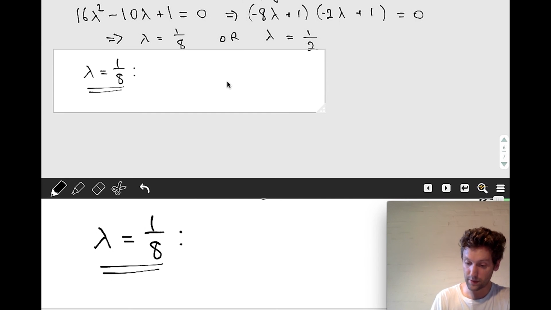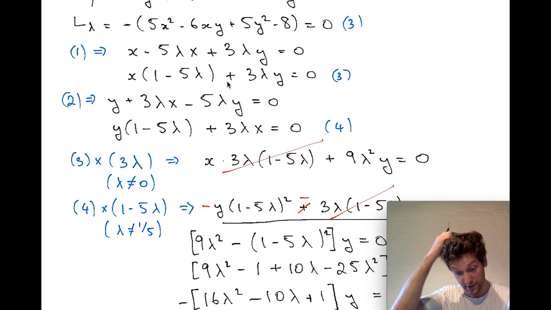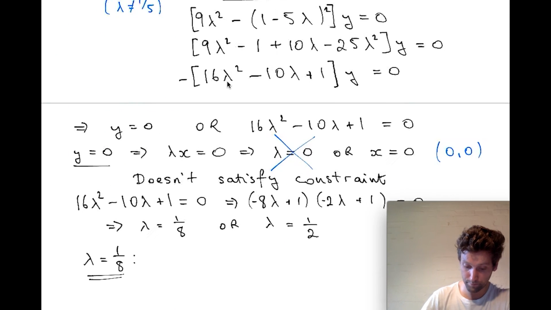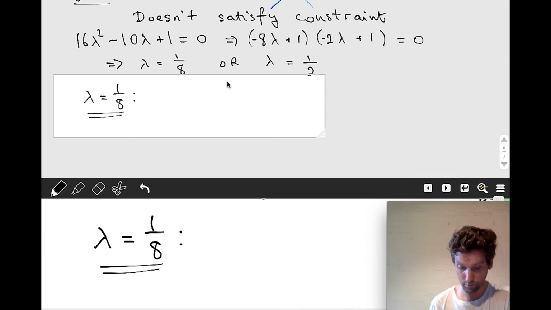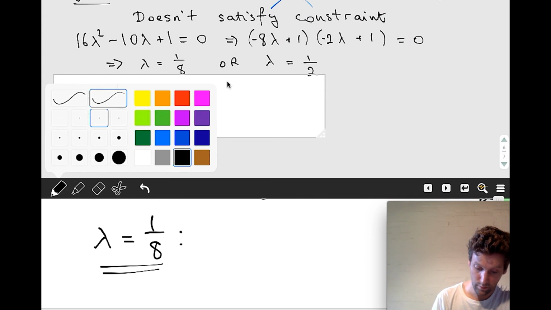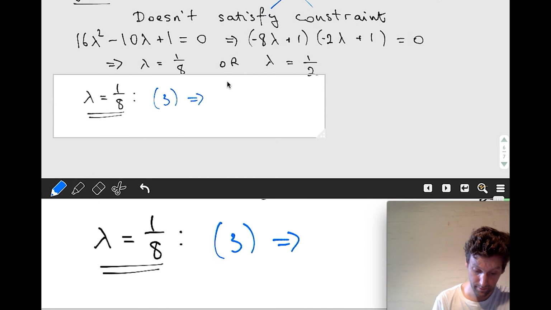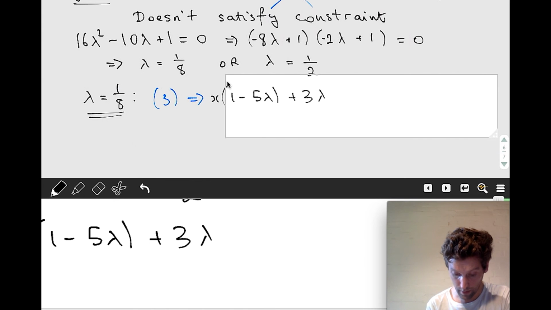We're going to substitute that into, let's say, equation number 3, which was x times 1 minus 5 lambda plus 3 lambda y. So equation 3 implies x times 1 minus 5 lambda plus 3 lambda y was equal to 0.